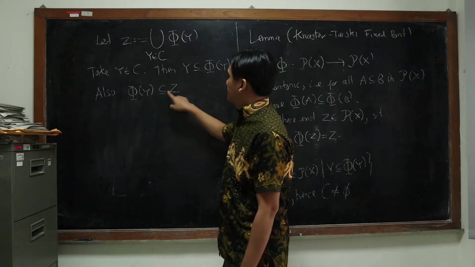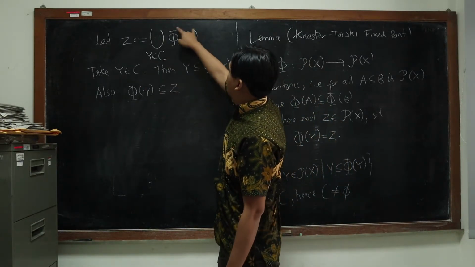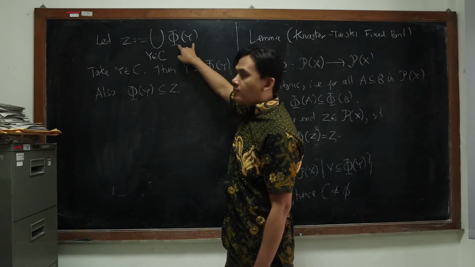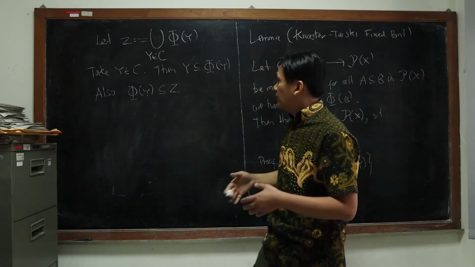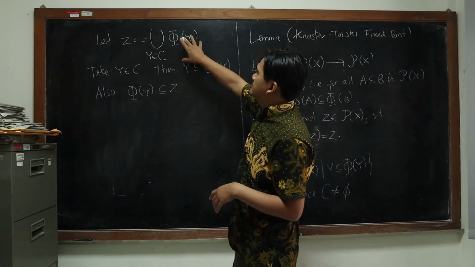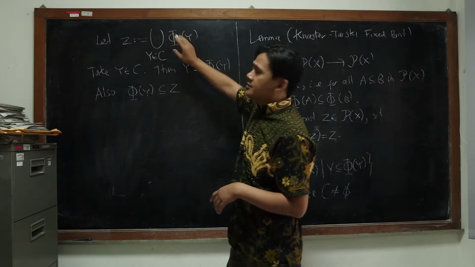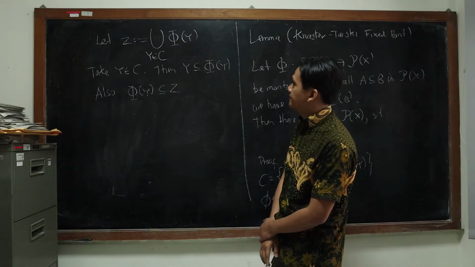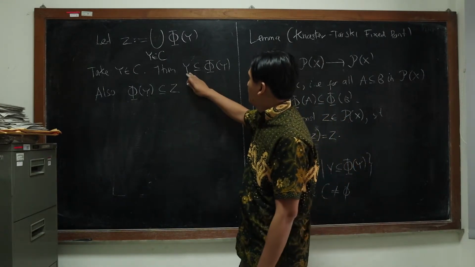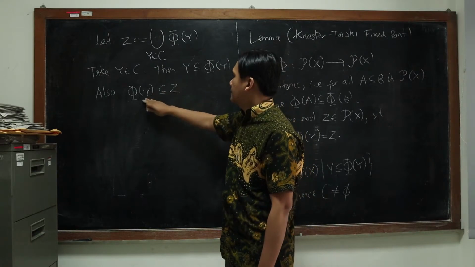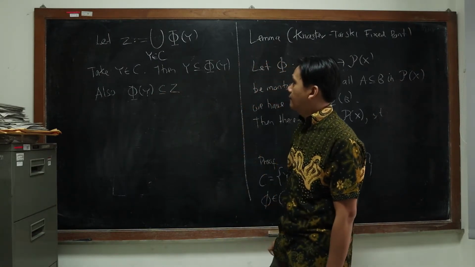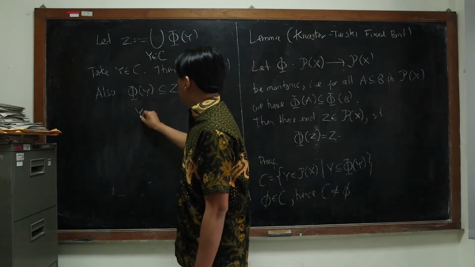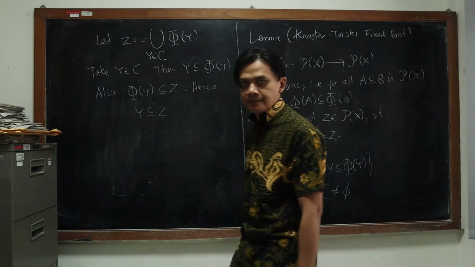Because phi of Y is one of the sets of this type, and here we combine all sets in this form, right? So then phi of Y is contained in Z. So if we combine Y contained in phi of Y and phi of Y contained in Z, therefore we have that Y is contained in Z.